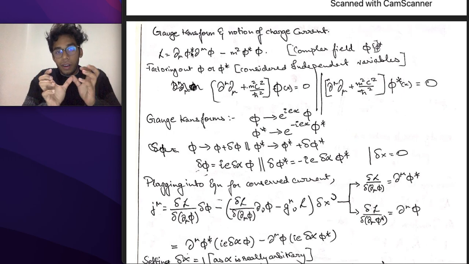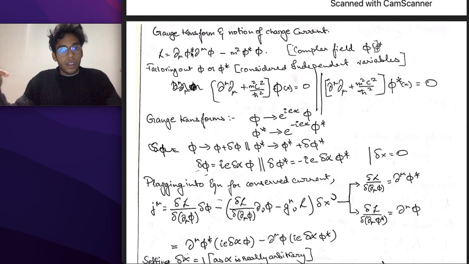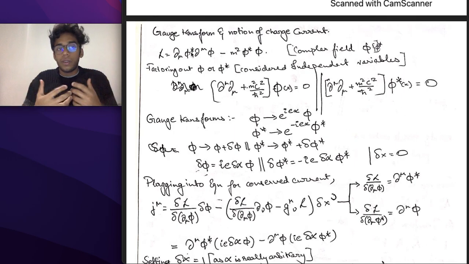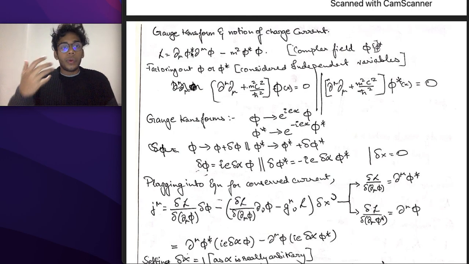And as long as I can't measure any compression or anything like that, my 100 newton and 100 newton forces don't matter, right? I can add to it, make it 120 newtons, 120 newtons, and the object is still at rest, so it doesn't contribute to the dynamics. So this is the essential idea of gauge transformation.